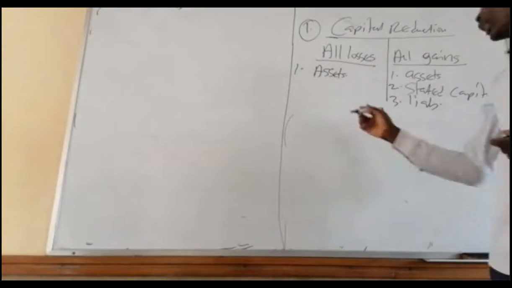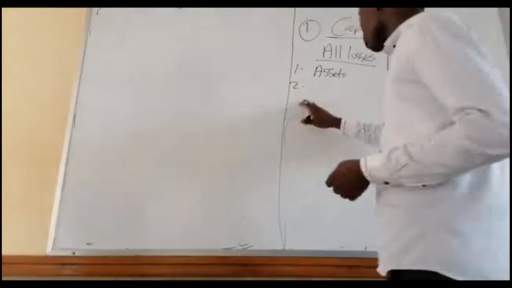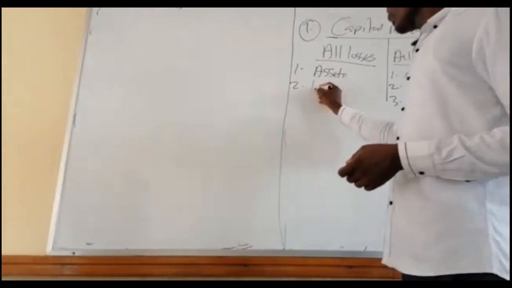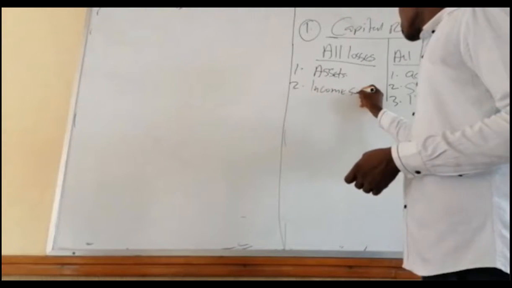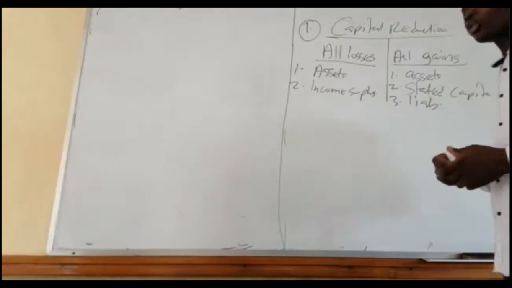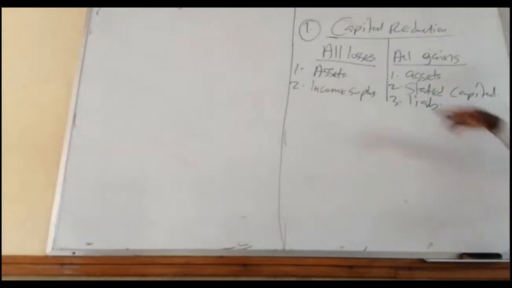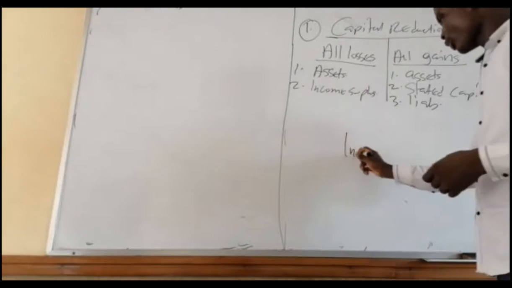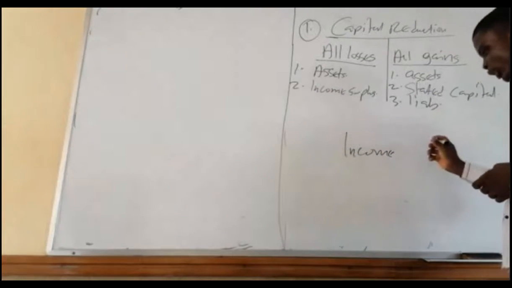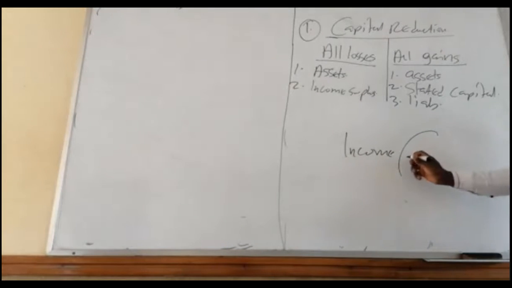That's all. Number two, the income surplus. Whether the examiner informs you or not, kindly bring it. Cancel the income surplus, especially if it has a negative balance. The income surplus in the book will always be negative, maybe 3,000 negative, suggesting that the business is in difficult times.